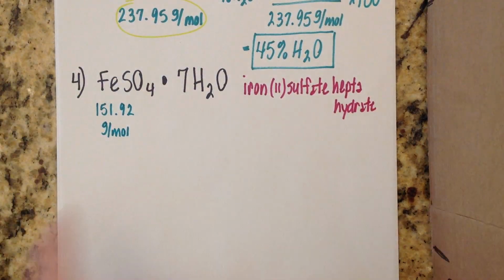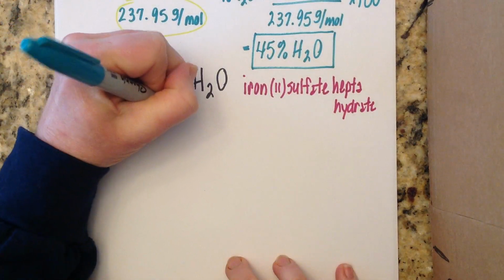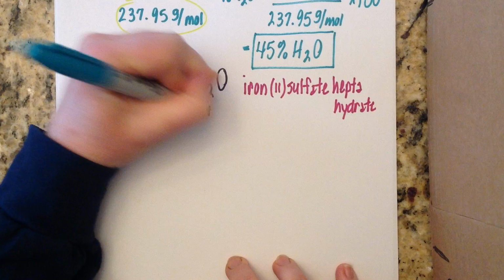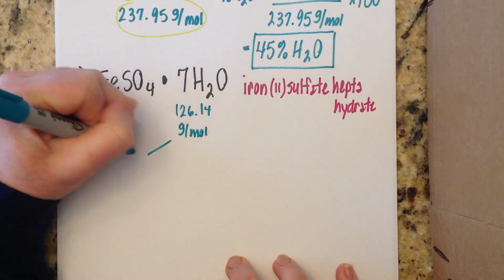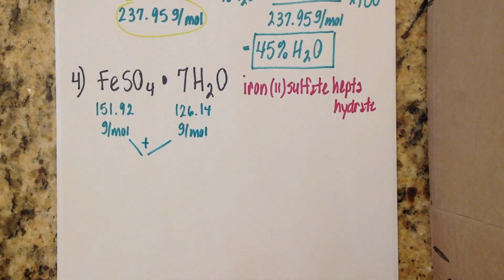And now we're going to figure out the mass of our water molecules. That is going to be 18.02 times 7. So that's a total mass of 126.14 grams per mole. Going to add these together.